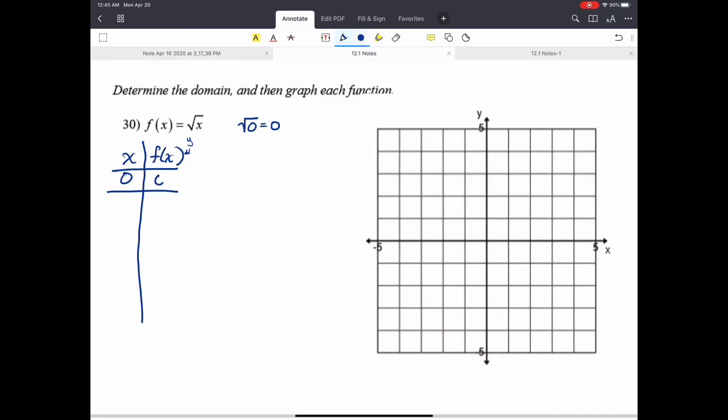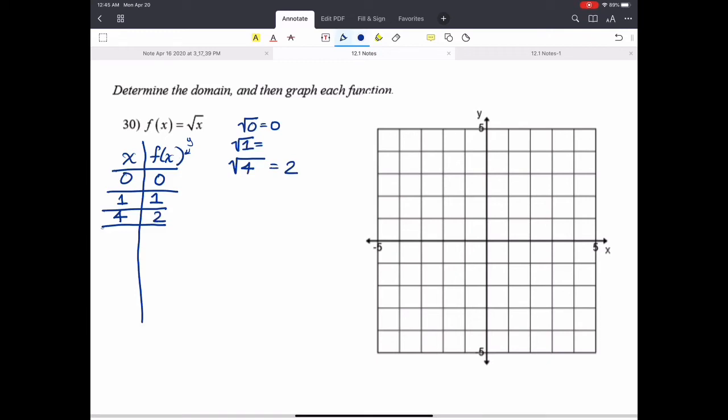Let's say we put in the number 1. Well, the square root of 1 is going to be 1. If I put in 4, we're going to get out a 2.